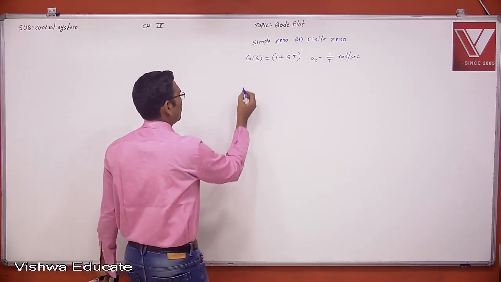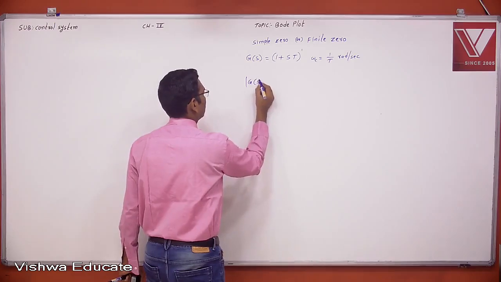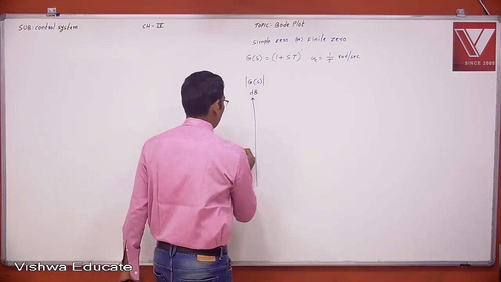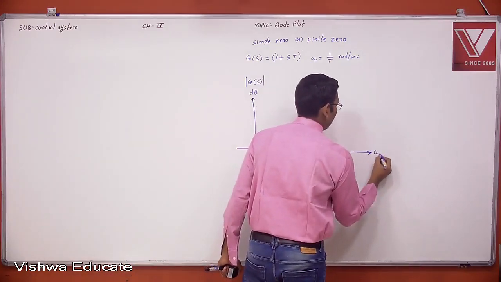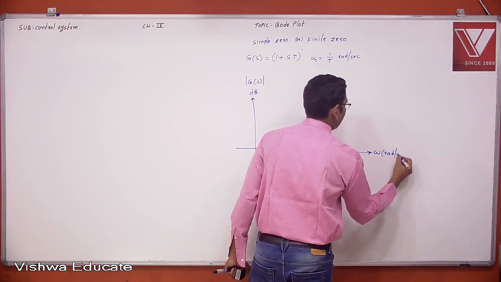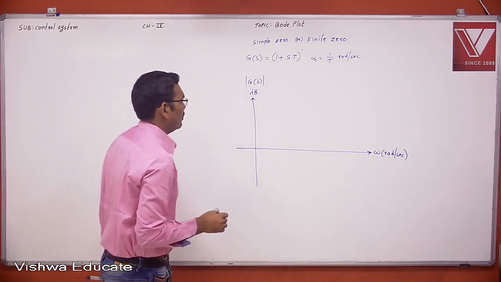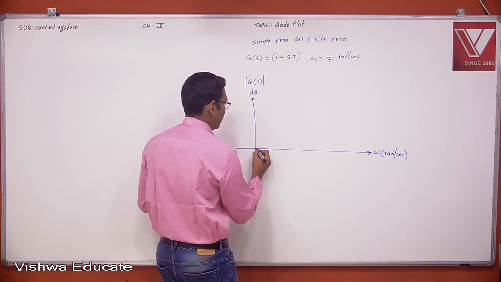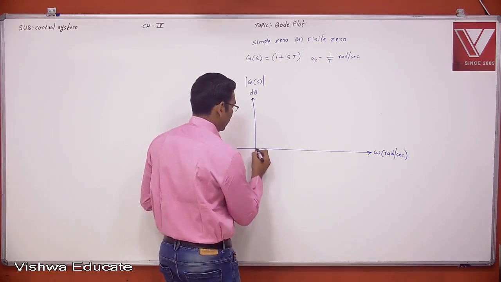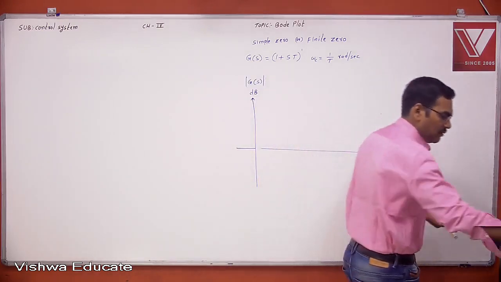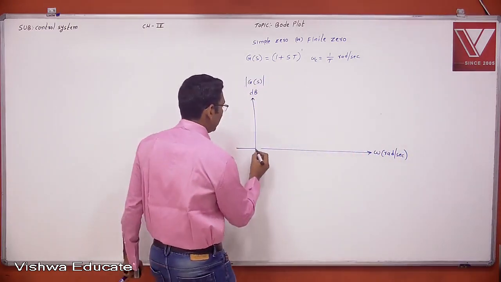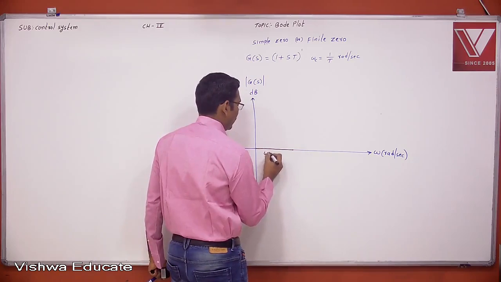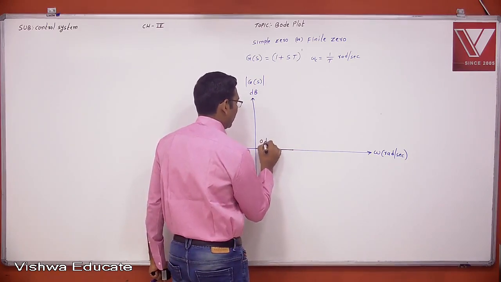Now what you are getting in the Bode plot is the magnitude of the open loop transfer function in dB versus frequency. When omega T is far less than 1, the slope is 0 dB per decade.